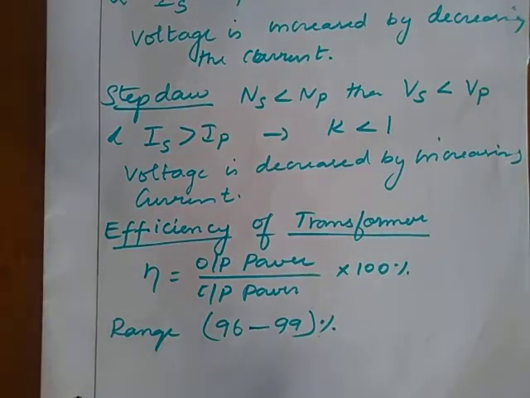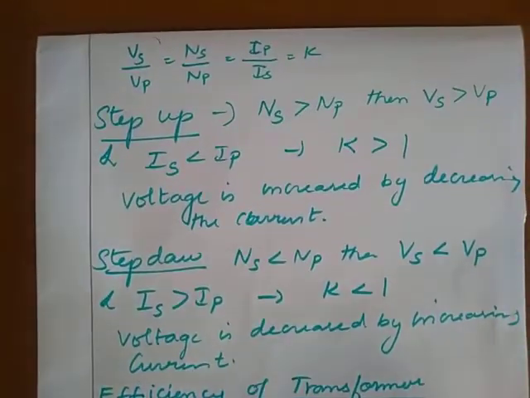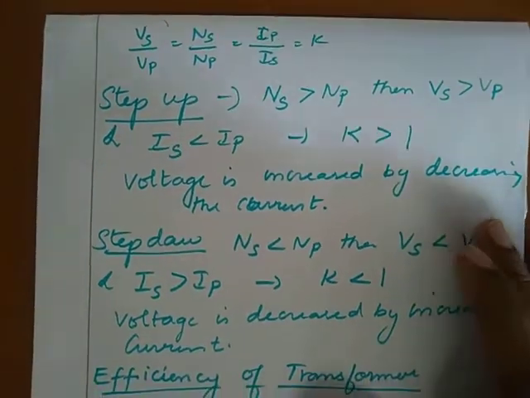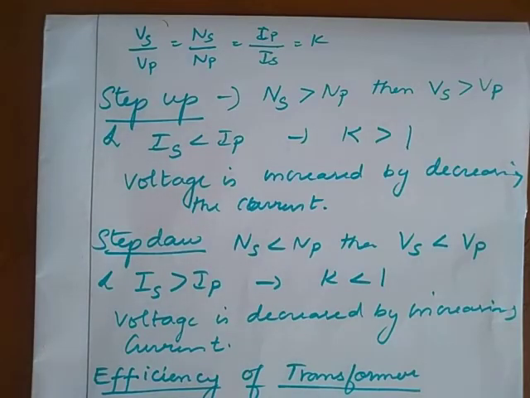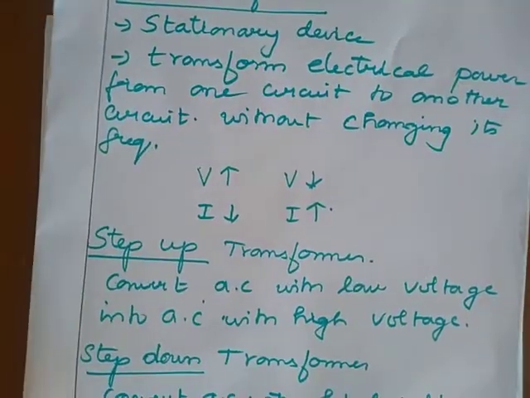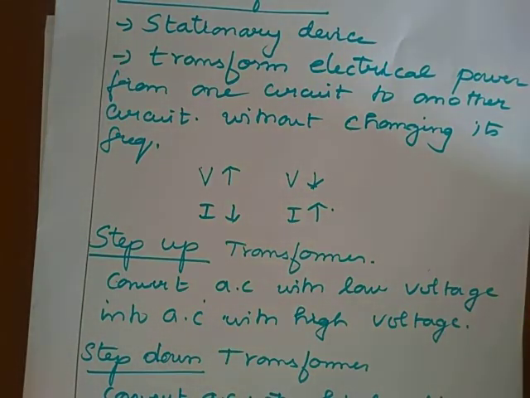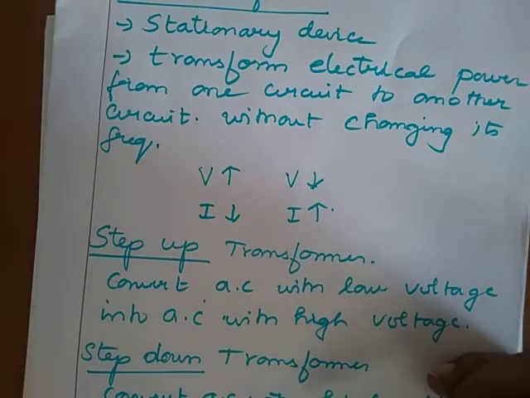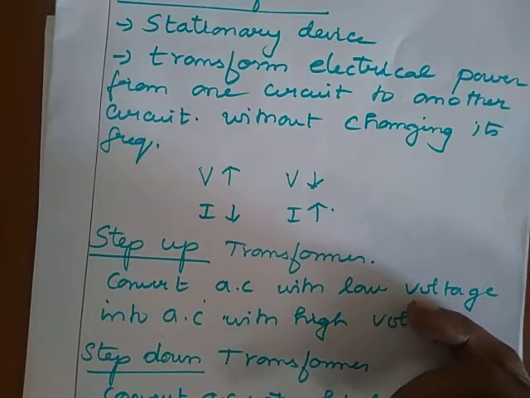See, a transformer is a simple device, a stationary one, that can transform electric power from one circuit to another circuit. By using the transformer we can either increase or decrease the voltage by a corresponding decrease or increase in the current. There are two types of transformer, one is step up, another one is step down.